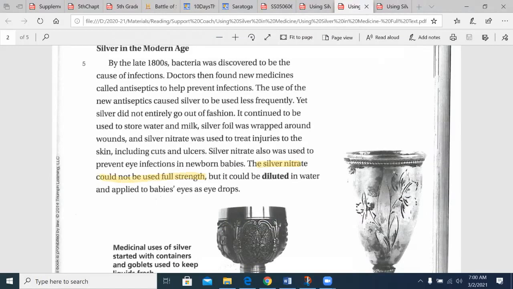So if I can't use it at full strength, but I can use it at lesser strength, and the word diluted has to have something to do with that, I could say that it's less strength. And really, we happen to know that diluted means that we're going to make it less powerful or less concentrated.